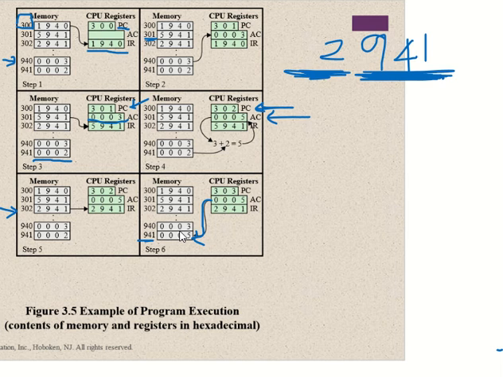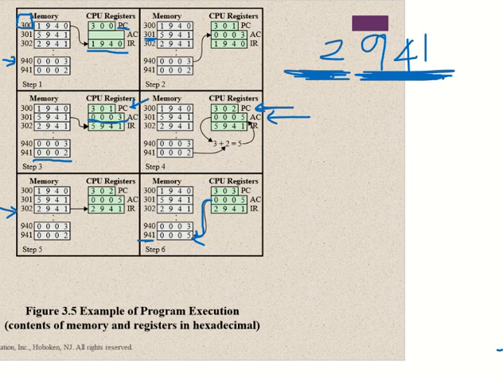Store AC to memory. That is the meaning of 2. Now can you get the idea? What 1 means, what 2 means, what 5 means in this example. You can see it in the previous slide.